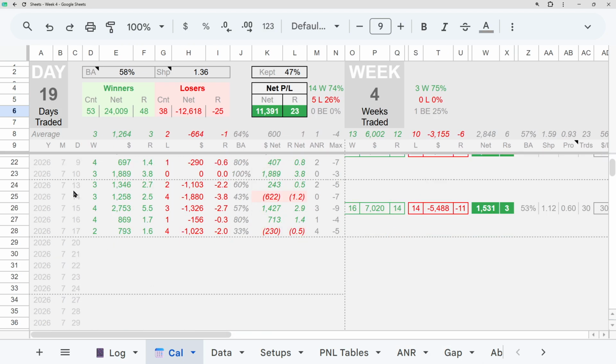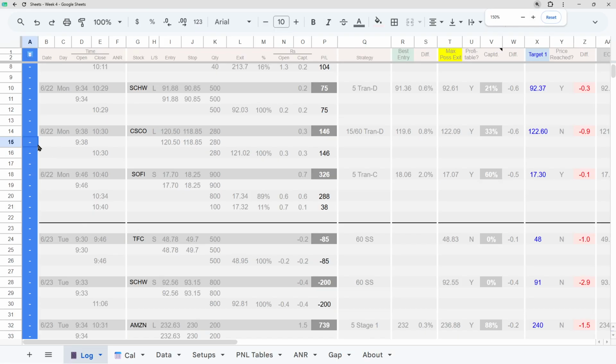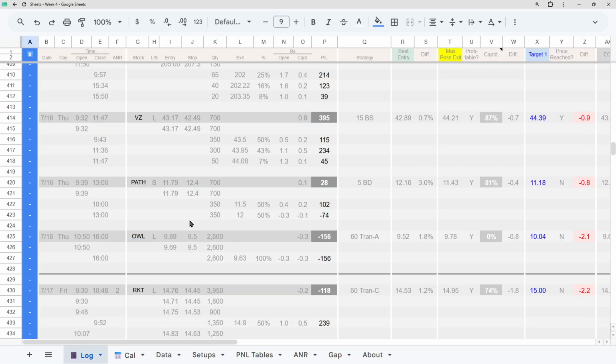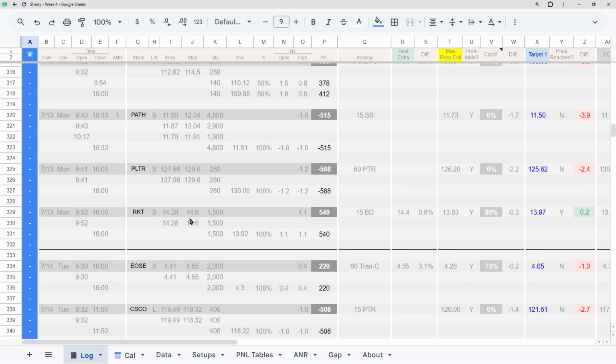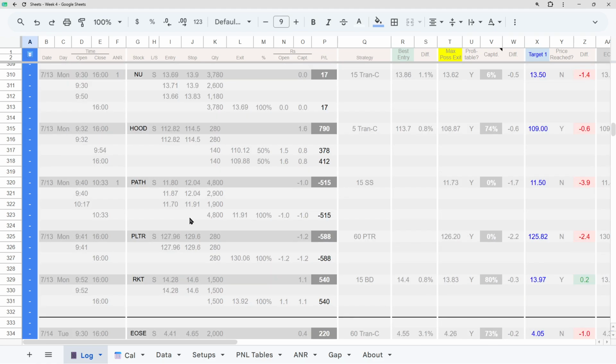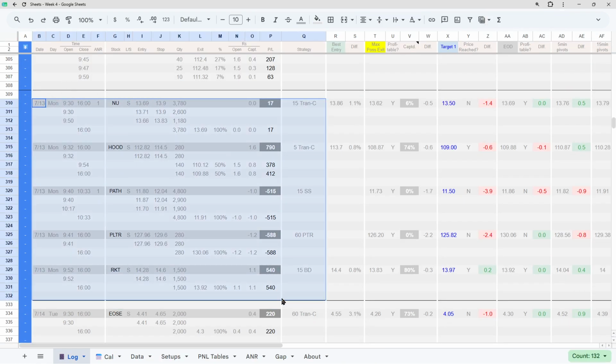Let's look at the actual individual trades. So 713 is here. These are my trades for Monday and my stats.